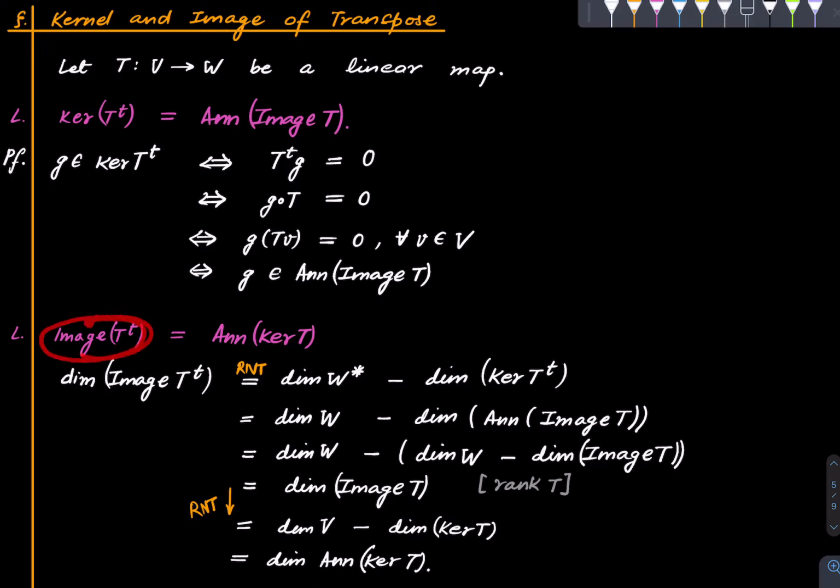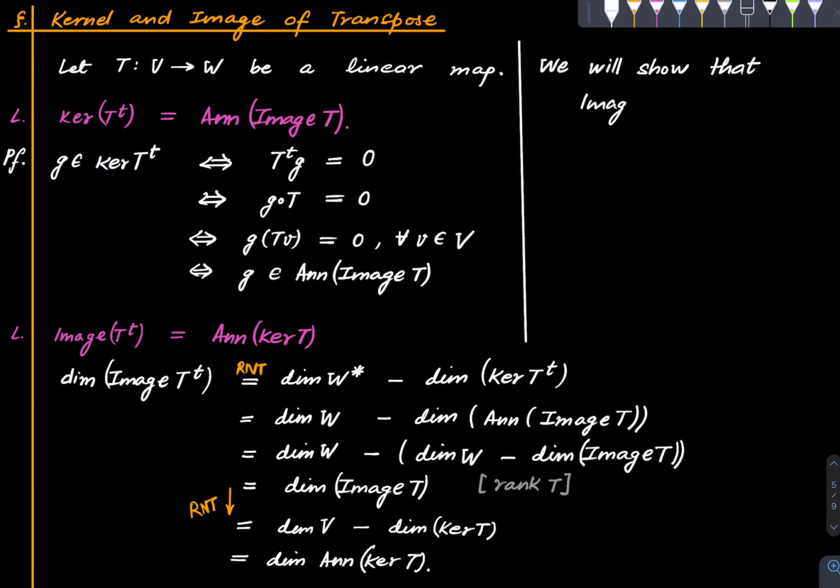So what we will show is that the image of T transpose is contained in the annihilator of the kernel.